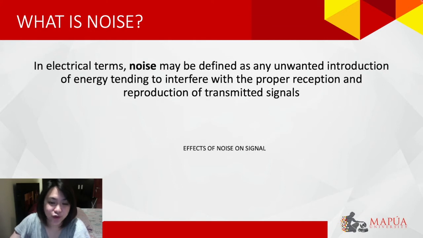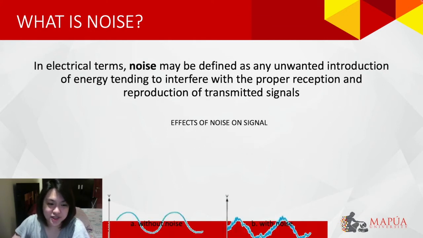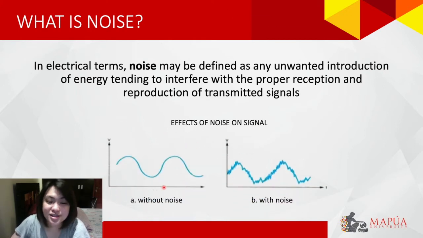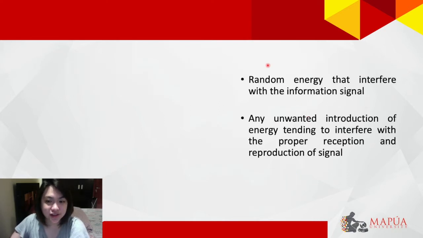Effects of noise on signal. As you can see here, this is what a signal looks like without noise. And comparing it with the second illustration, you can see that there is an interference with the signal because there is noise. Noise is actually a random energy that interferes with the information signal.